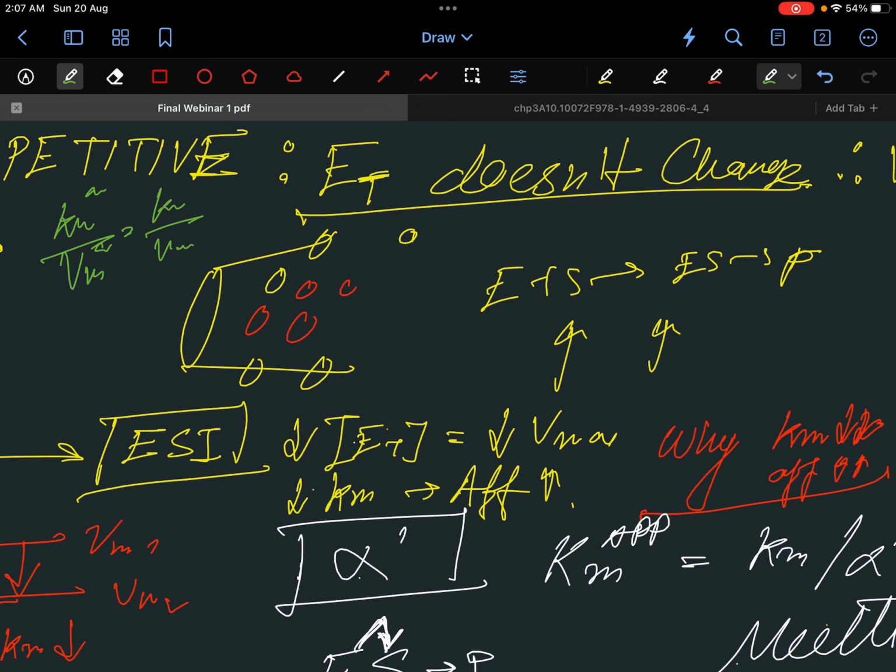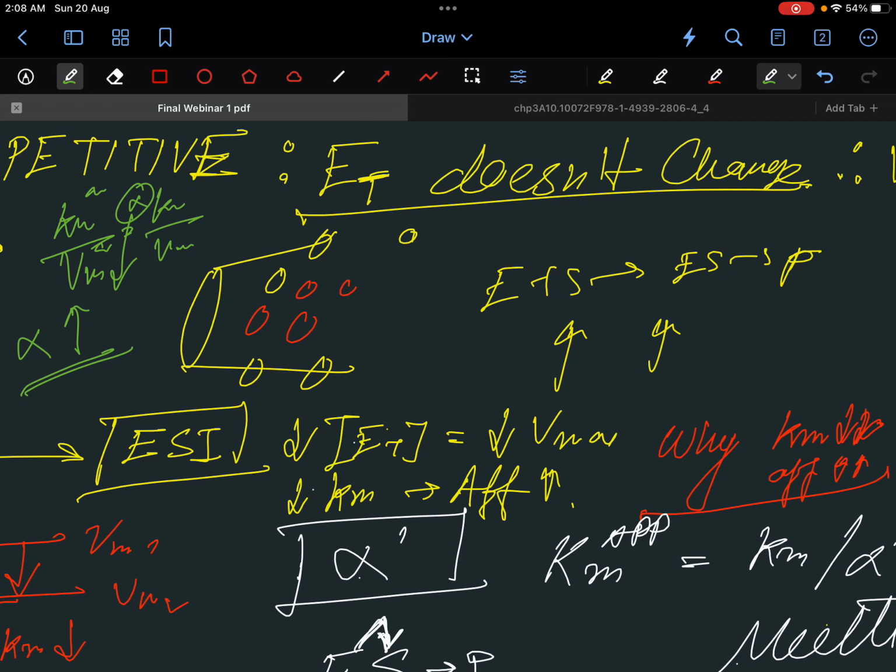What does this alpha represent? Alpha is the factor by which the concentration of substrate needs to be increased so that the inhibitor effect is gone. Okay, that is the true meaning of alpha.